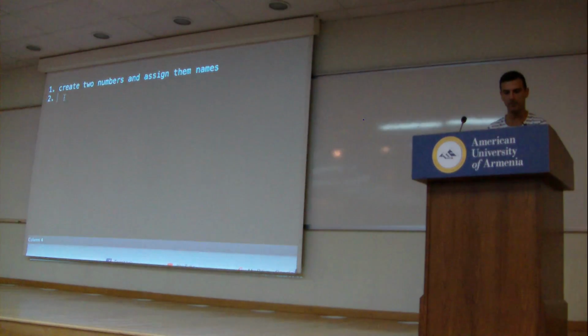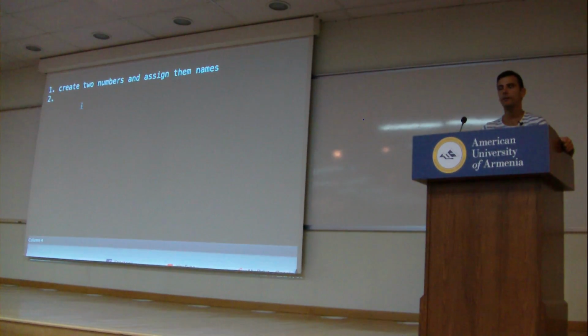Can everyone see what I'm typing? Okay, so the first thing, create two numbers and assign them names. So create two names and put numbers into them. If I say anything that's unclear, just tell me, okay? If it's clear, do it. But write the syntax correctly, to the best of your ability. It's not a quiz, don't cheat, just write it down for yourself.